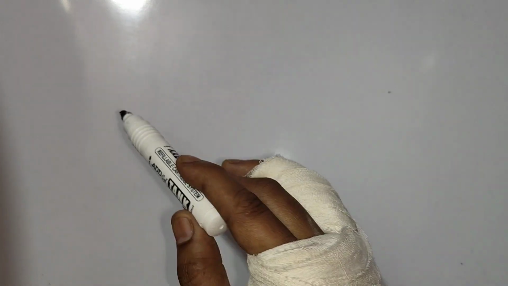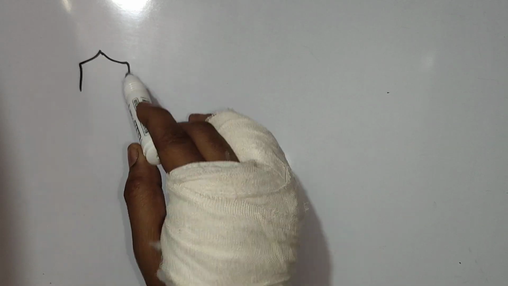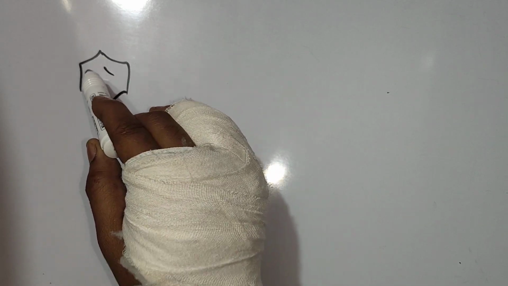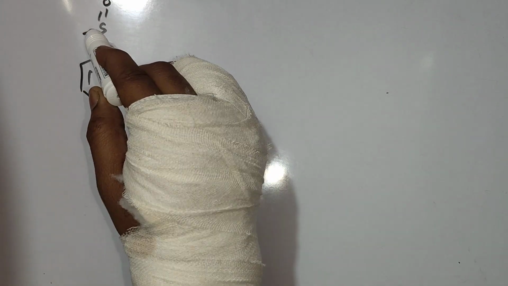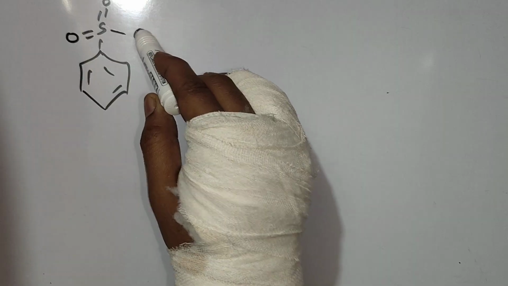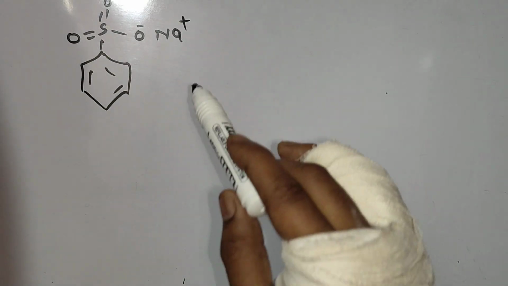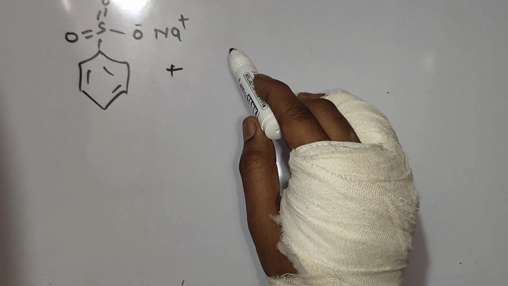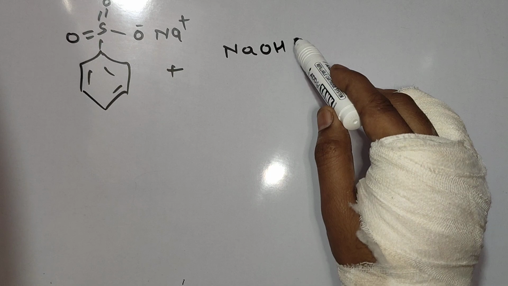What will happen in the third step? Now only the third step is quite complicated. After that, the fourth we know what is happening there. So let's understand the third step. This sodium benzene sulfonate, which is generated over here, is going to react with fused NaOH.